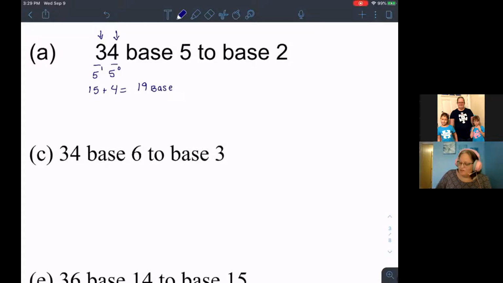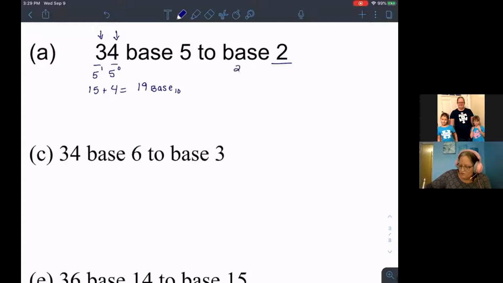And then in order to change 19 base 10 to base 2, we would divide. So we need to find the different values of 2 in each digit.